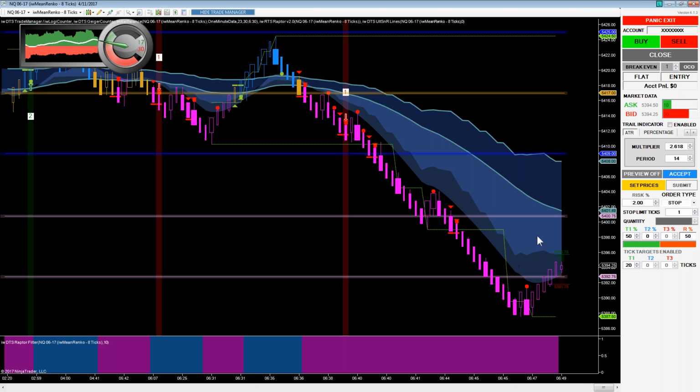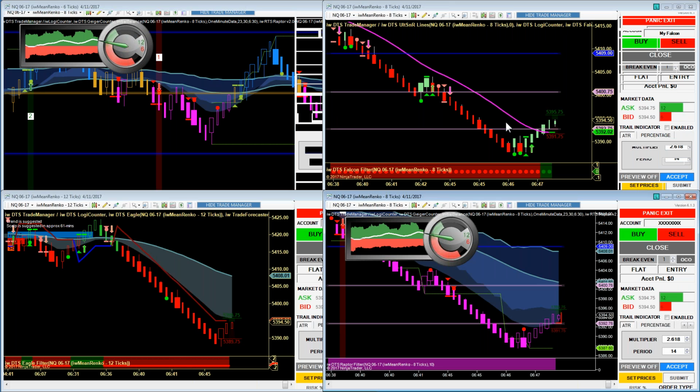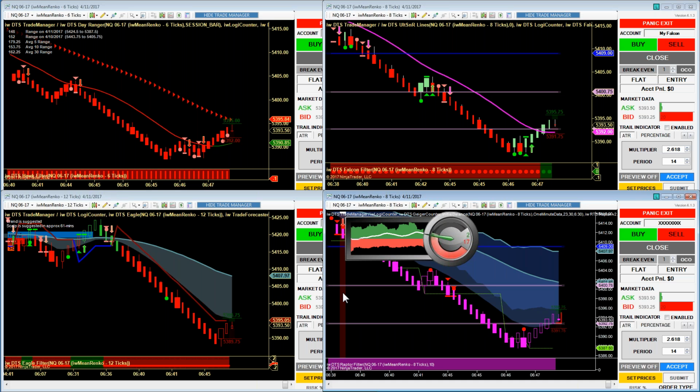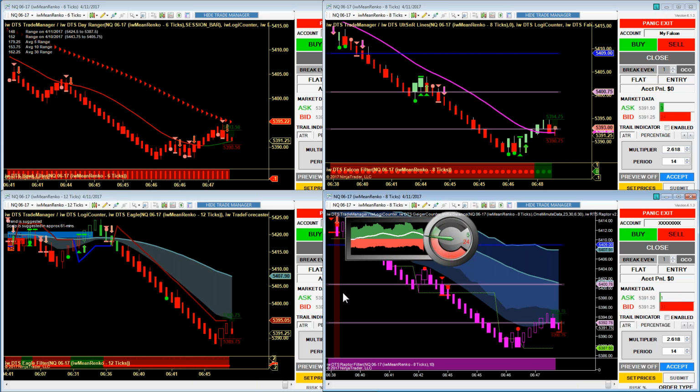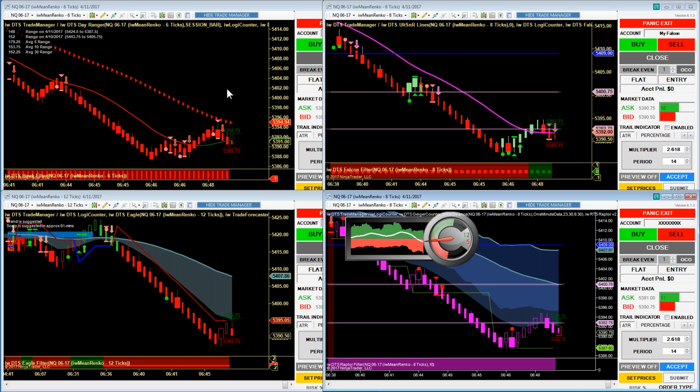We might actually get a number 2 signal here, a buy signal. We are getting a macro pullback signal here on the Hawk.